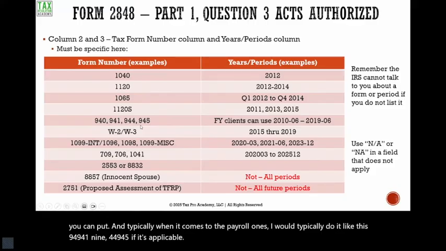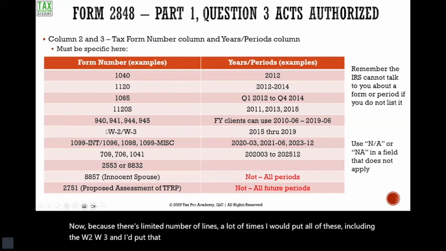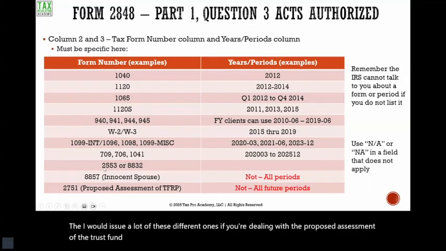Because there's a limited number of lines, a lot of times I would put all of these, including the W-2 and W-3, on the employment or payroll line. If you're dealing with the proposed assessment of the trust fund recovery penalty, 2553. So those are the common ones that I would put on here.